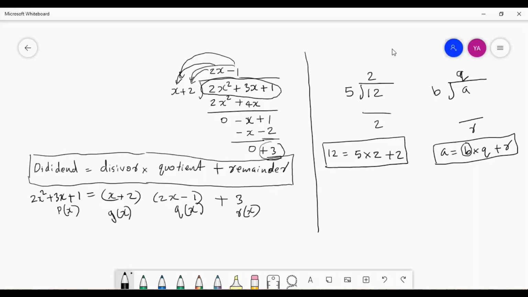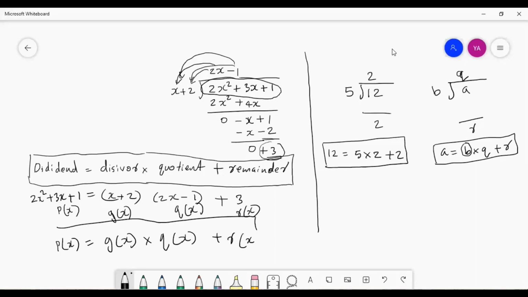So in short, we can write p of x is equal to g of x into q of x plus r of x, and this is called the division algorithm for polynomials. If you take any polynomial p of x and divide it by g of x, you will get a quotient q of x and a remainder r of x, and the relation between them is p of x is equal to g of x into q of x plus r of x. This relation is called the division algorithm.